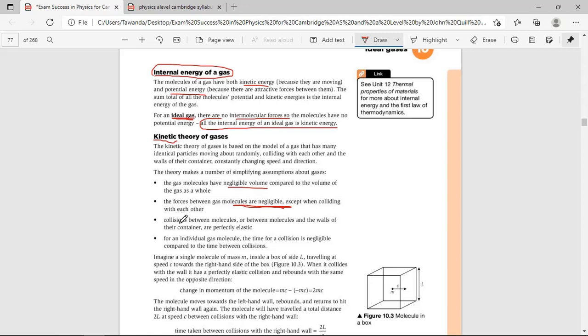So the third assumption: collisions between molecules, or between the molecules and the walls of the container, are perfectly elastic. In perfectly elastic collisions, kinetic energy is conserved. Then the fourth assumption: for an individual gas molecule, the time for collision is negligible. We are going to neglect the time for collision.